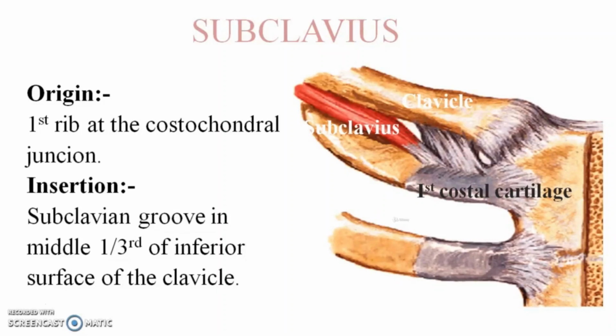That's all about origin and insertion of subclavius. Origin from costochondral junction of first rib and inserting by moving upwards to the middle 1/3 of the inferior surface of the clavicle. And to summarize, again we can see a simple picture of it.